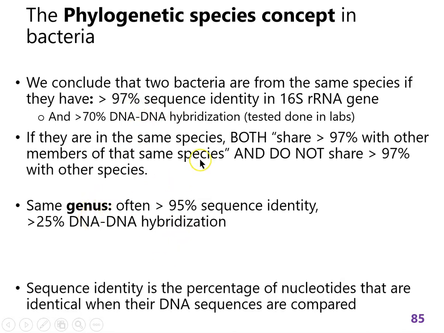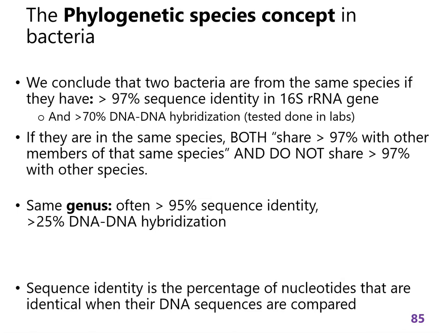So again, if these bacteria have greater than 97% identical 16S ribosomal RNA genes, we say they are in the same species. And they will not have 97% or greater sequence identity with bacteria from a different species.